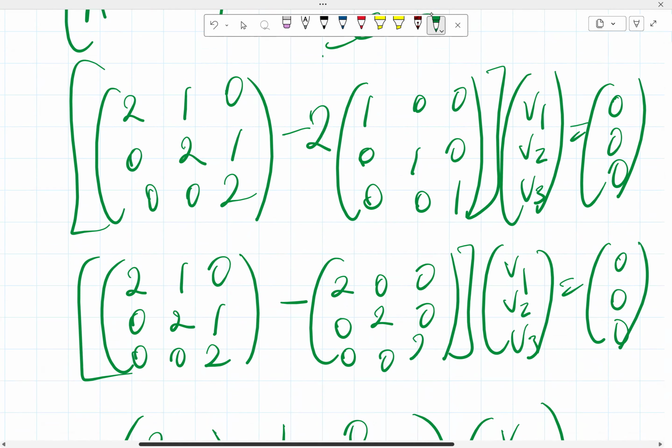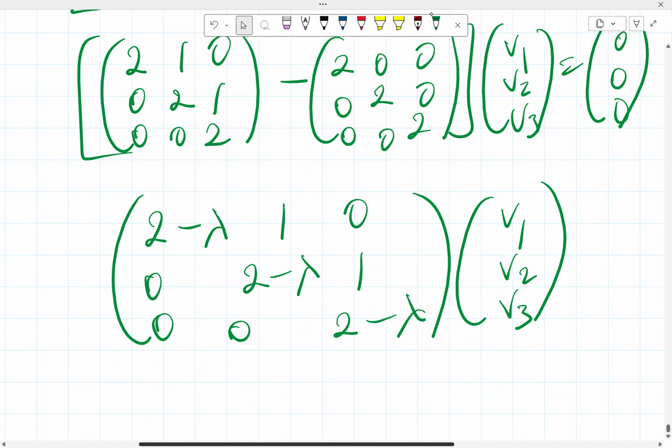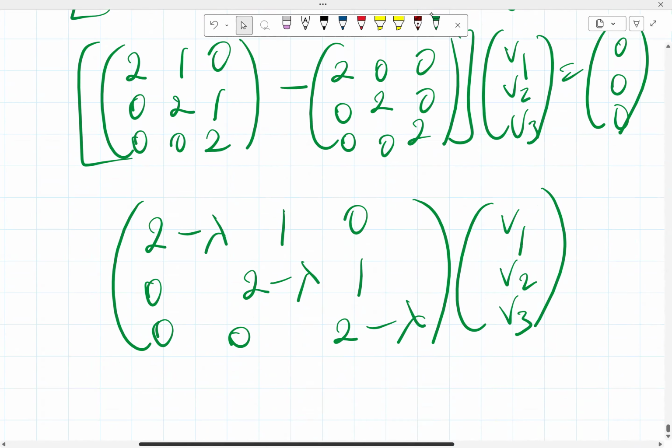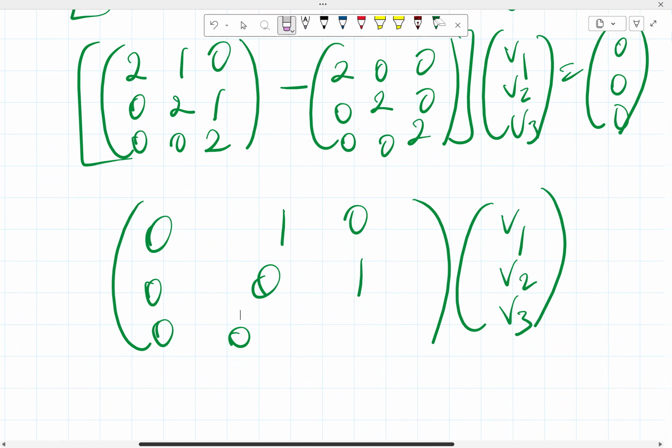Then in that case, 2 minus 2, so everything just goes to 0. So all this is 0, and this is also 0. So all this now is equal to 0, 0, 0 again.